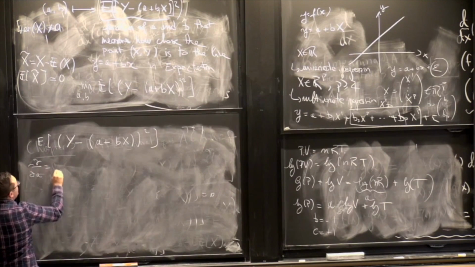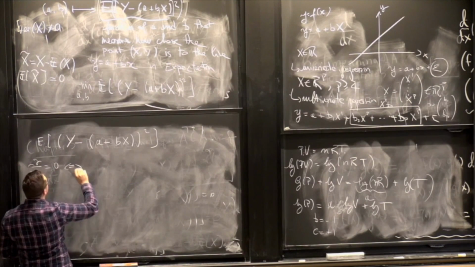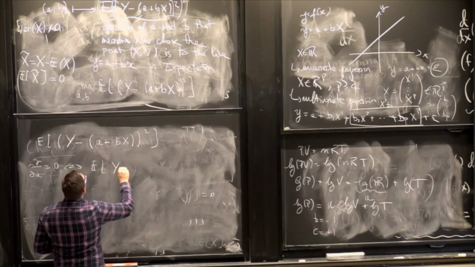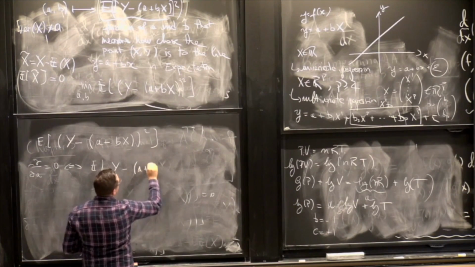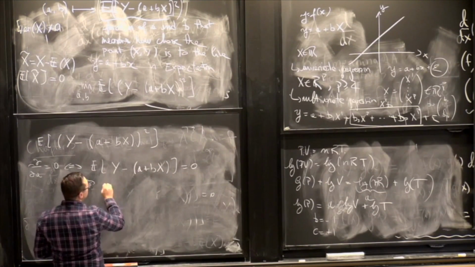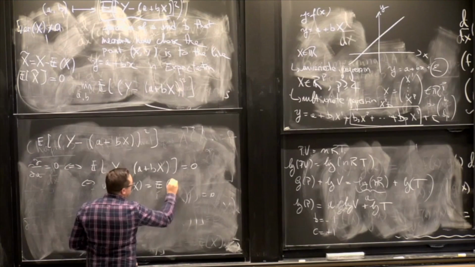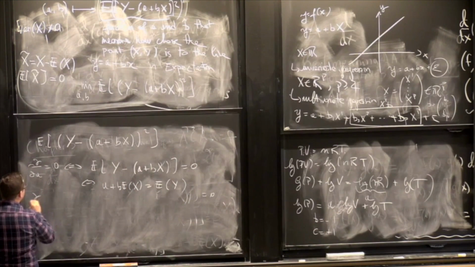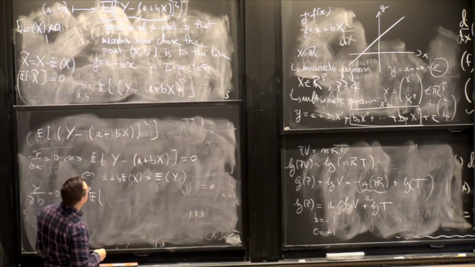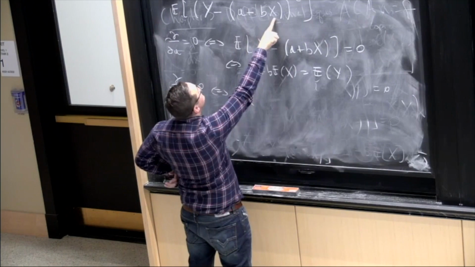Setting the partial with respect to a equal to 0 is equivalent to, so my minus 2 is going to cancel, right? So it's telling me that the expectation of y minus a plus bx is equal to 0, which is equivalent to a plus b expectation of x is equal to the expectation of y. Now, if I take the derivative with respect to b and set it equal to 0, it's the same thing, except that this time I'm going to pull out an x.